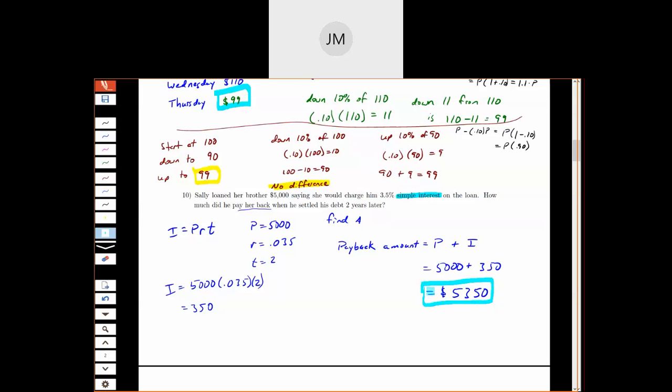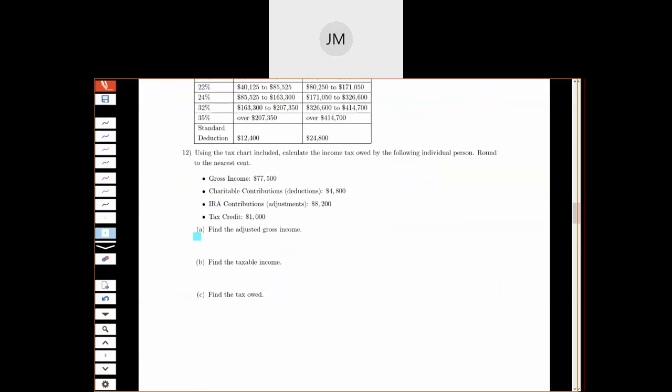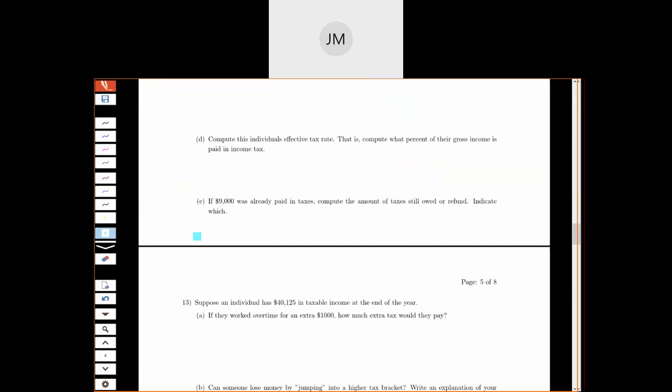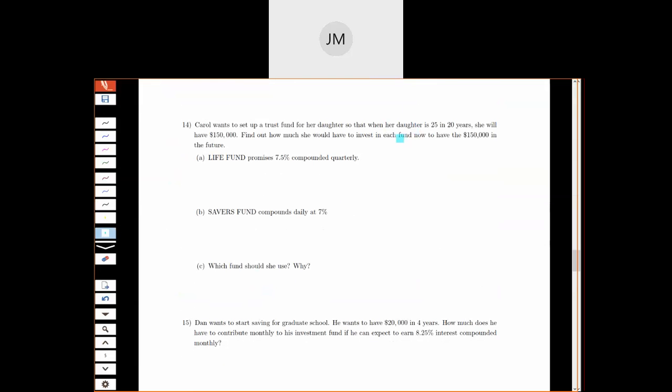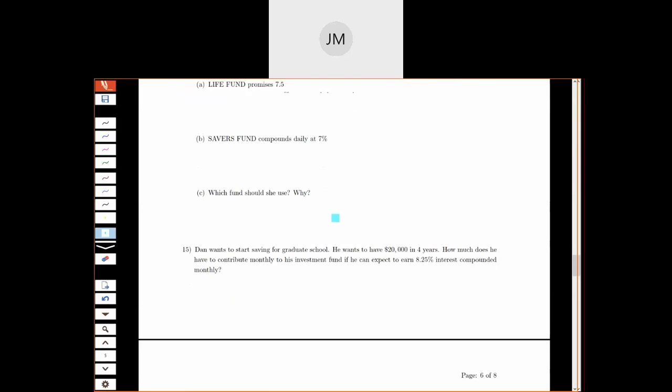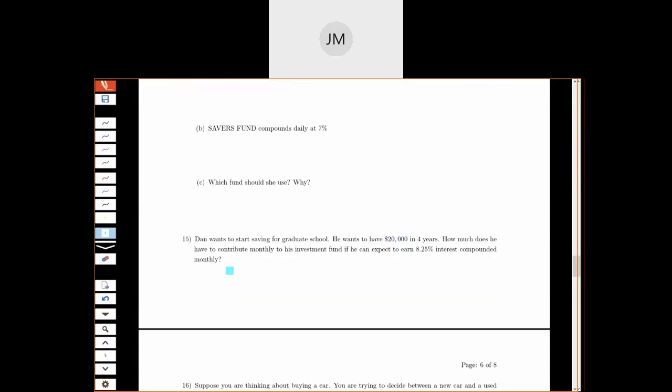I think the more important part of this question is making sure that you identify how to set it up. If it says simple interest, use the simple interest formula. And if it doesn't say simple interest, you don't want to use the simple interest formula. That will make a difference when we go on later and start talking about things that compound daily, or contributing monthly and it gets compounded monthly.